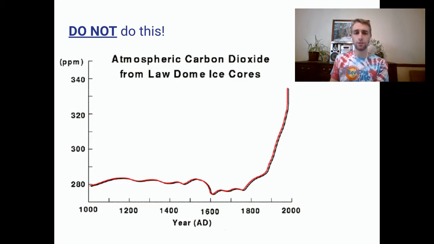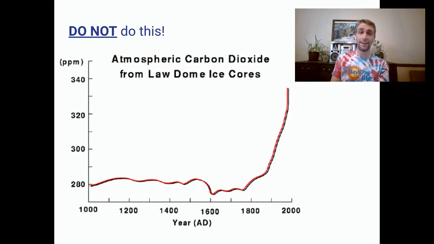This graph might look okay on the surface, but the problem here is the axis, particularly the y-axis, doesn't start at 0. If you look on the left-hand side, every tick mark goes by 10, so 320 to 330 to 340. But if you go to the bottom, that means the x-axis of this graph lines up with about 270 ppm.